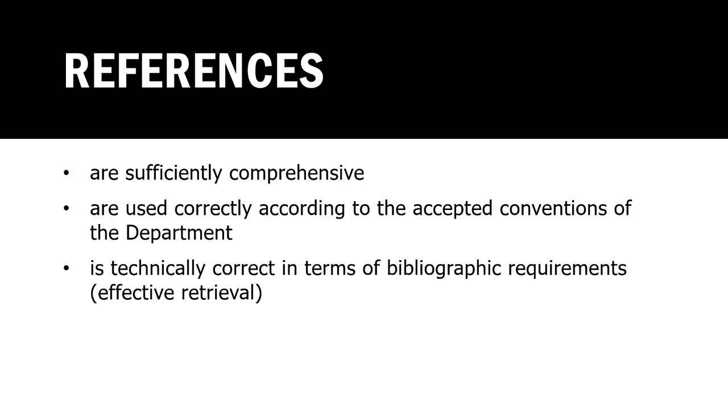UNISA supports the Harvard style, but I, for instance, know in my department that it's a revised Harvard. So it might differ within different departments. Psychology, I know, uses the APA system. So find out which referencing system your department subscribes to, and that you then can also use that in your managing of your references.